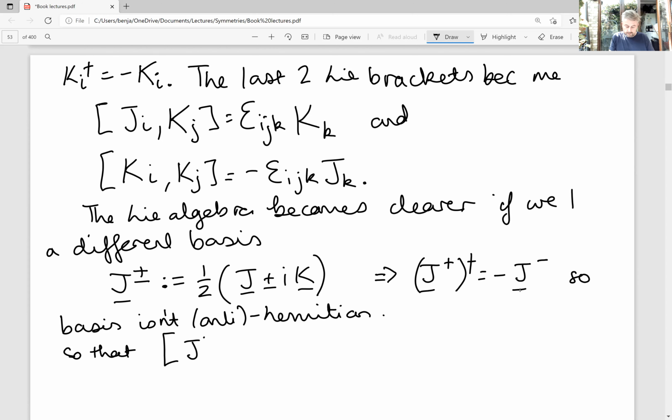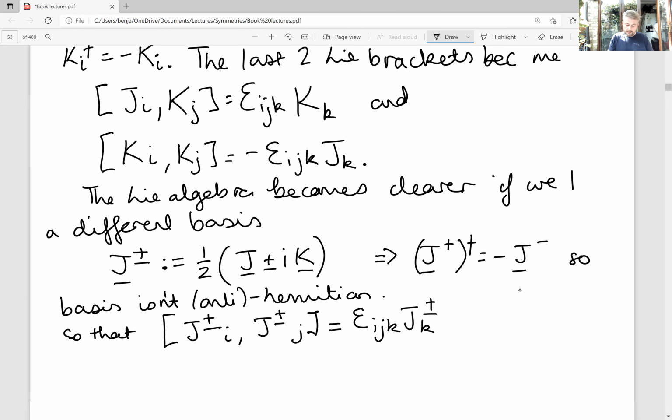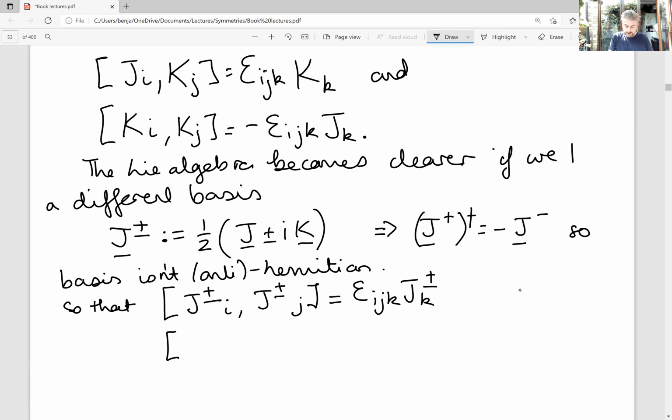[J^±_i, J^±_j]. So this is the commutation relation, or the Lie bracket, when we have the same sign on the J's. You can calculate this and we get epsilon_{ijk} J^±_k. And then if we take the commutator of J^+_i with J^-_j, for any i or j, we get 0.